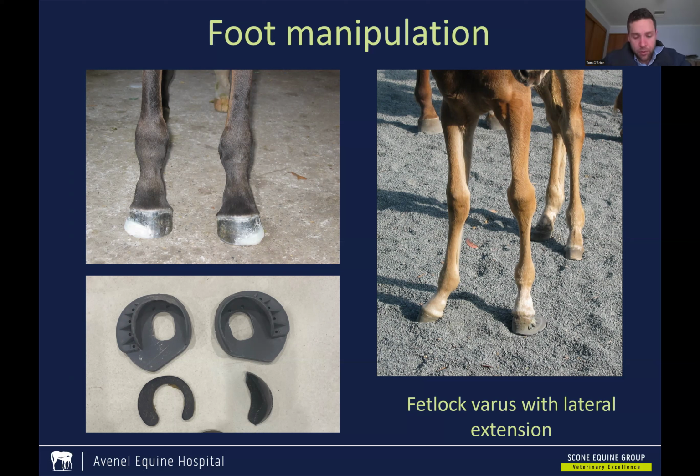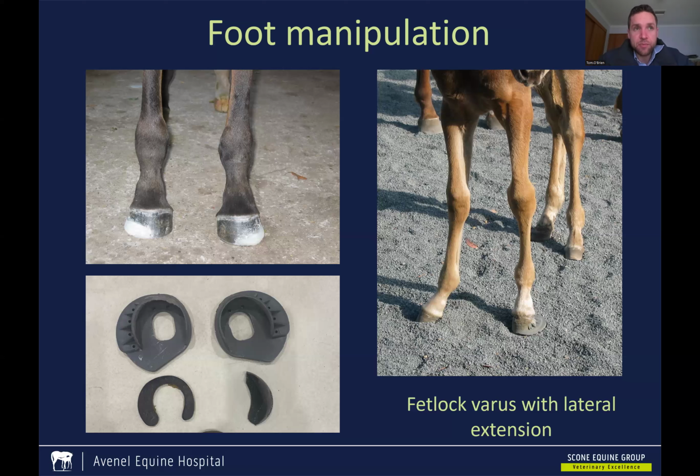Now, there are a couple of ways to put an extension on a foot. The top left image shows a type of glue that we can use to model to the foot, and we can make that level with the solar surface. We can make the extension as big or as little as we want. One thing about using the Equilock is that it gives off heat as part of the reaction as it's setting.